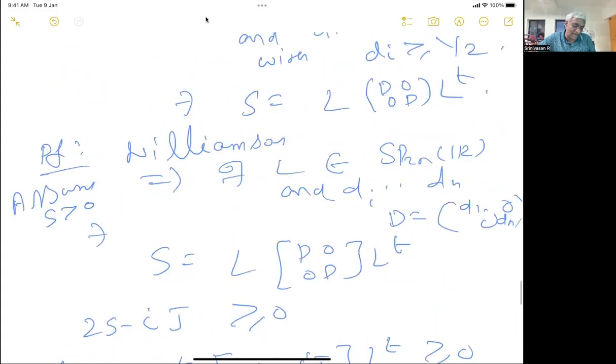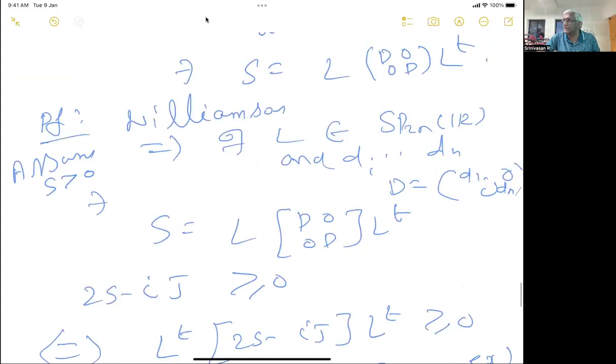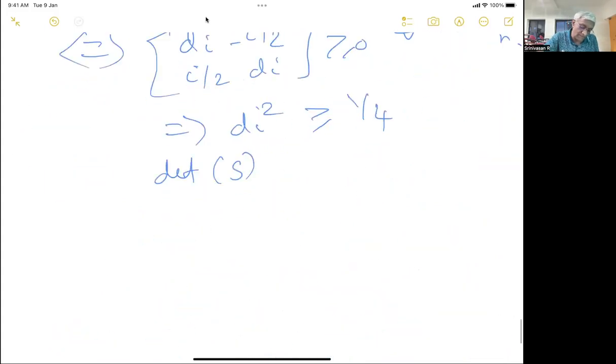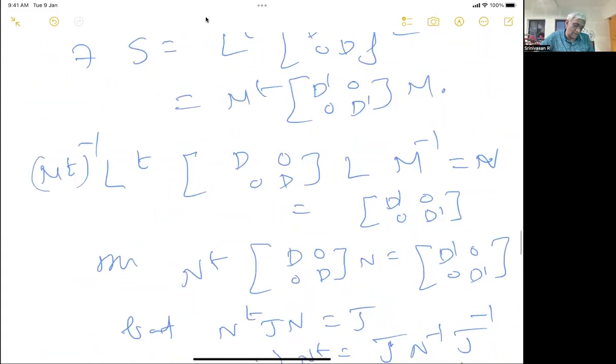So that implies that the determinant of S is just the determinant of the diagonal, which is just the product of d_A square. The determinant of S is equal to the product over A equal to 1 to n of d_A square, which is greater than or equal to 4 power minus n.